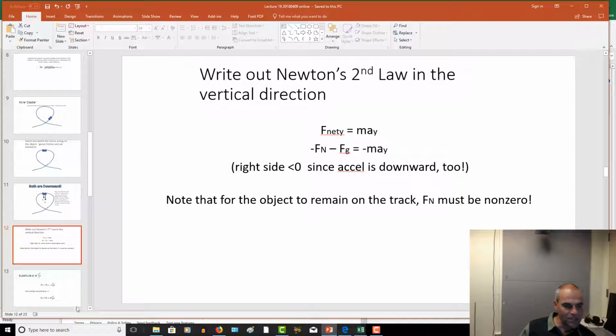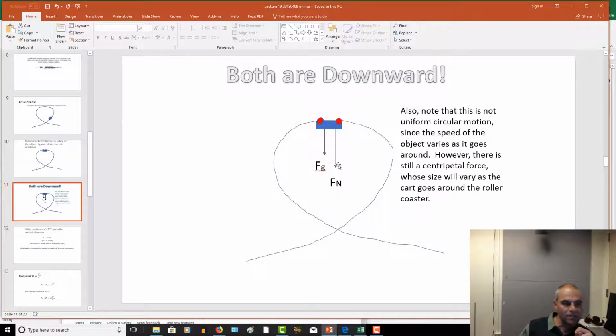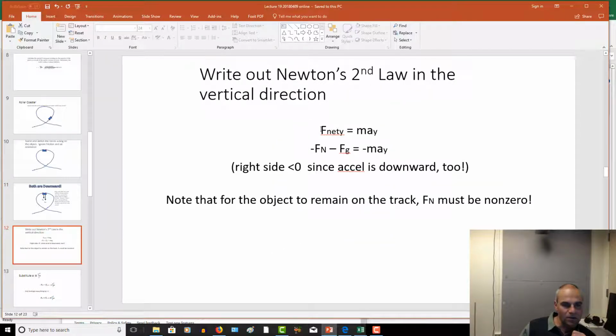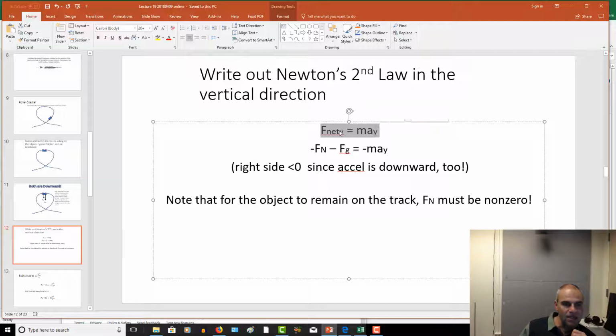If I go on to the next slide, I'm going to apply Newton's second law in the vertical direction at the point that the cart is at the top of the track. The y direction is positive up, the negative y direction is downward, the direction both of those vectors are pointing. So I'll say the net force in the y direction is equal to the mass times the acceleration in the y direction.